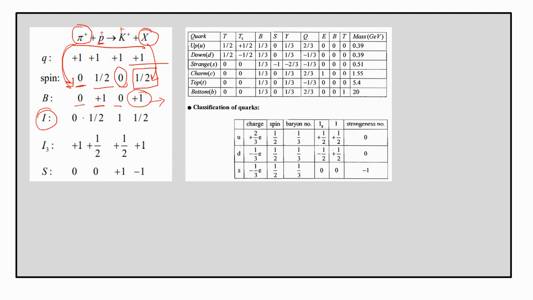You know that there are pi plus, pi 0, pi negative, so they are 3 in number. 2I plus 1 is equal to 3, so 2I is equal to 2, I is equal to 1. And Iz will vary from minus 1 to 1.